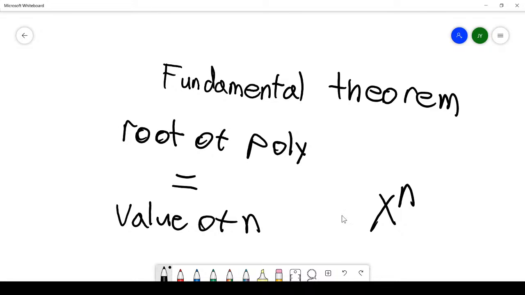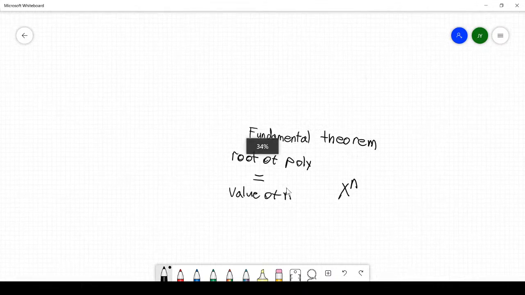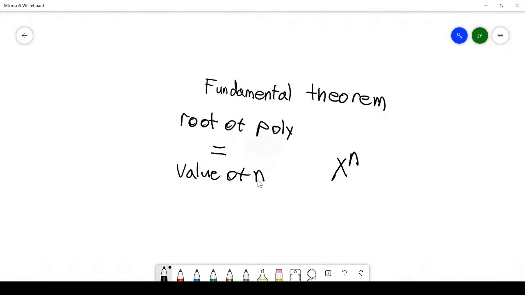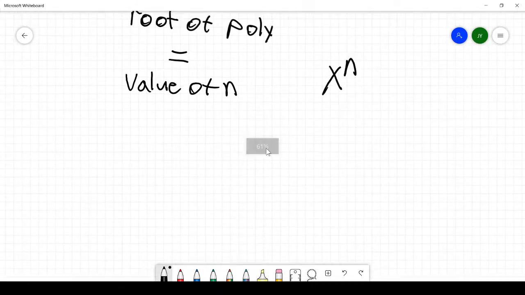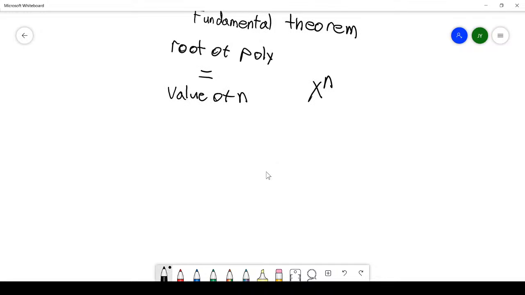So, to explain how this works, let's draw a graph first. For example, say we had something like x squared plus 2x plus 1.